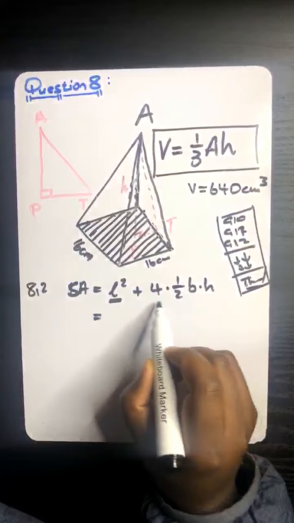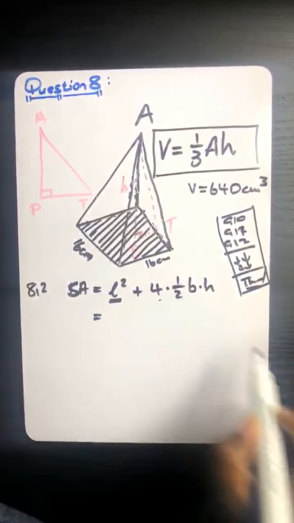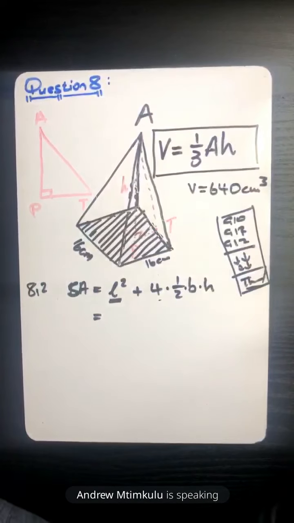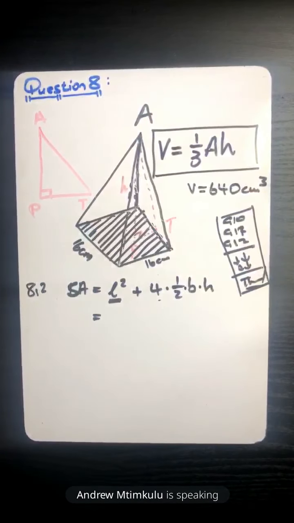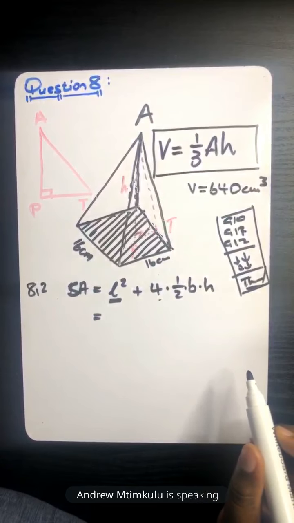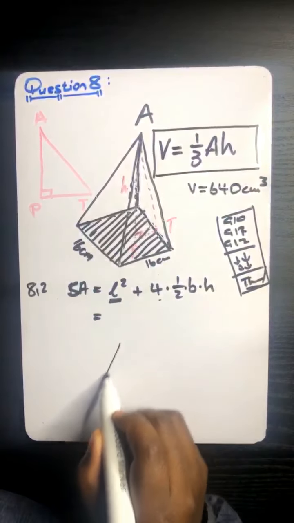Try to explain. That part, I think everyone got it. But now, what's happening with the 4 times half BH there? So, sir, the area of a triangle is half base times height, and there are 4 triangles, sir.